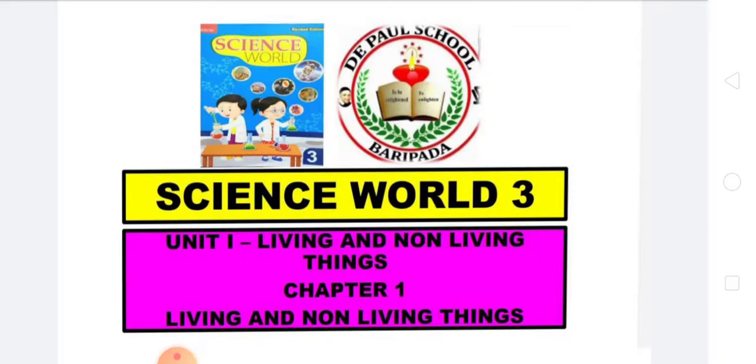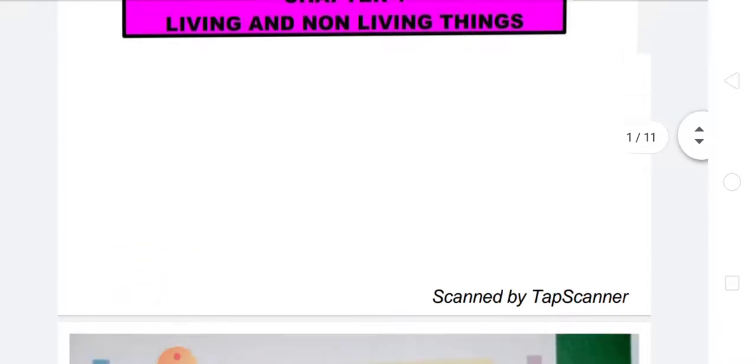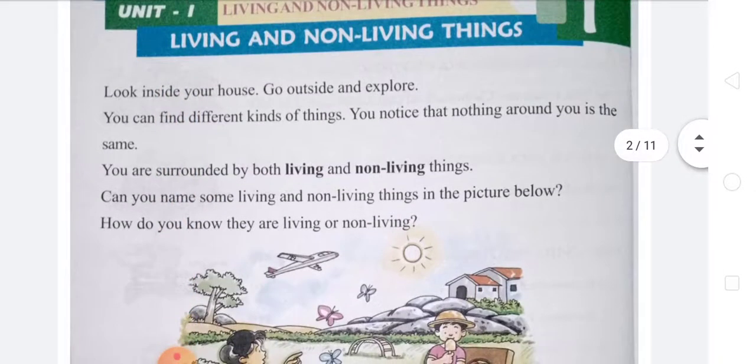So today we are going to study your Science World, class 3, unit number 1, living and non-living things. In this chapter we are going to study about living and non-living things. Look inside your house, what you can see, explore them, and go outside your house and also explore them.